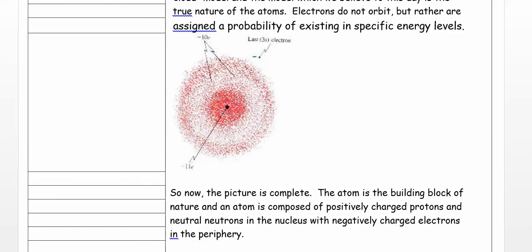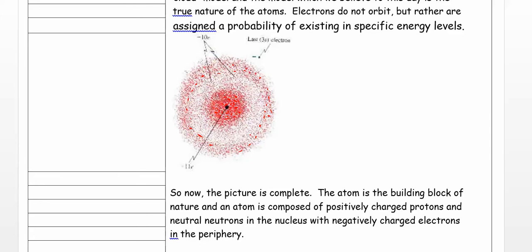And so Schrödinger assigned probabilities to electrons and created these clouds of electrons. So in the center, for example, he said there was a very high probability of a cloud existing or electrons existing next to the nucleus. And then there was a low probability area. And then there was a high probability area again, and so forth. And so that's the way it worked, according to Schrödinger, that you couldn't tell where the electron was.